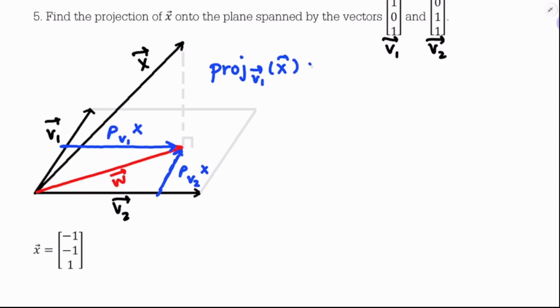So I'm going to do X dotted with V1. That's negative 1, 0. Okay, so that's 0. Well, that's a problem. I didn't realize that the x vector I gave you was orthogonal to one of these.